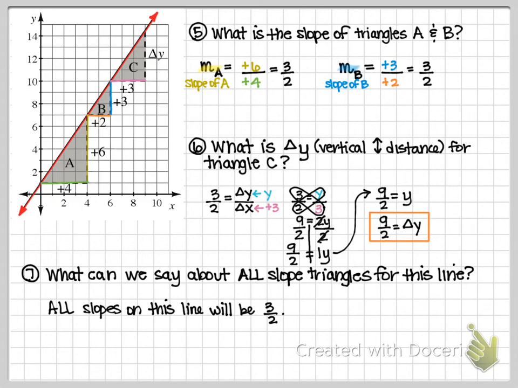I think that's my answer. Again, you could have said that triangle y is 9 over 2, or you could even say triangle y is 4.5. It's up to you. They all mean the exact same thing, and they are 100% equivalent to each other. So any of those answers would be correct.